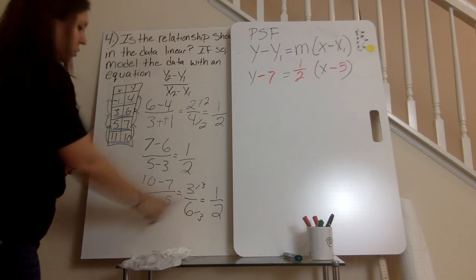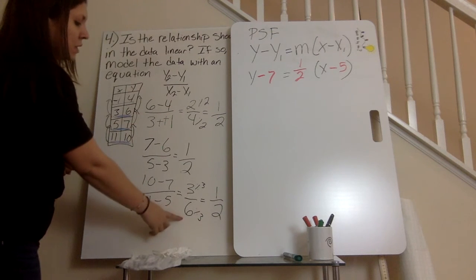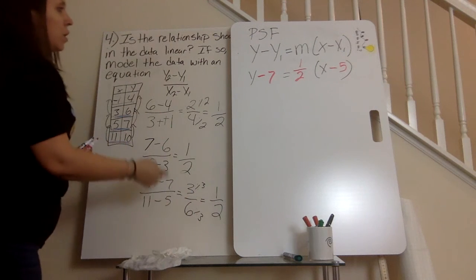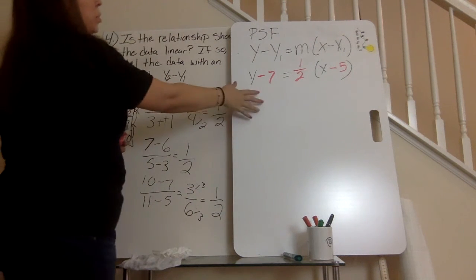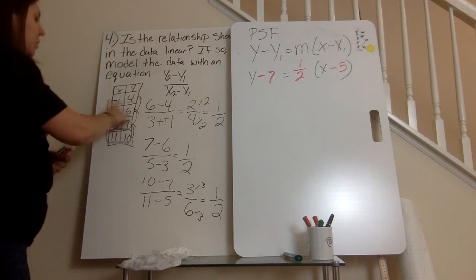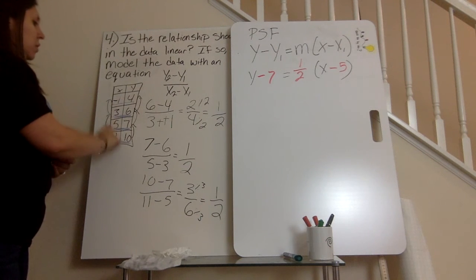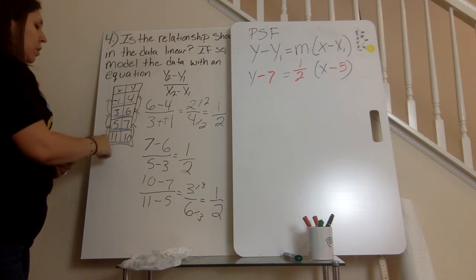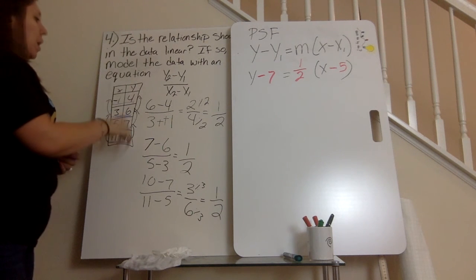But we do it that last time. 10 minus 7 is 3, 11 minus 5 is 6. Divide top and bottom by 3, and we get that 1/2. When we put it into our point slope form, we can choose any one of these. It could be -1, 4, 3, 6, 5, 7, or 11 and 10.